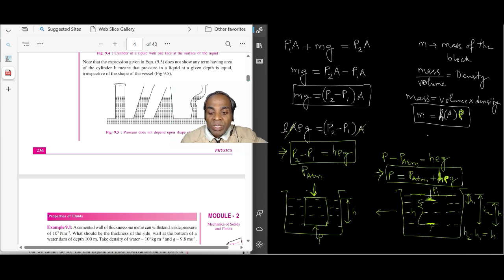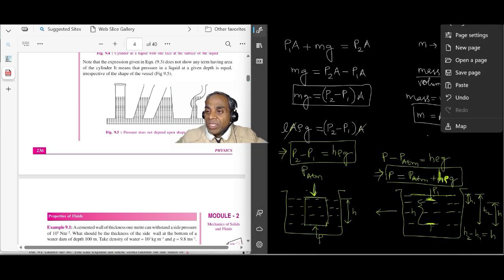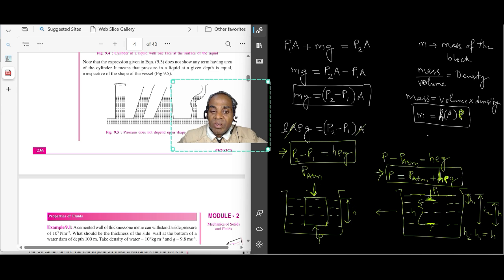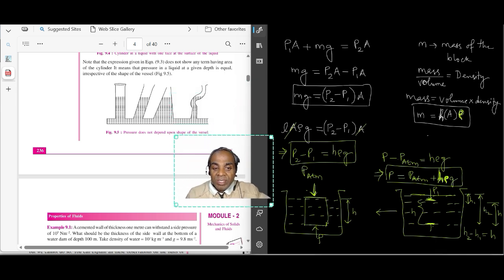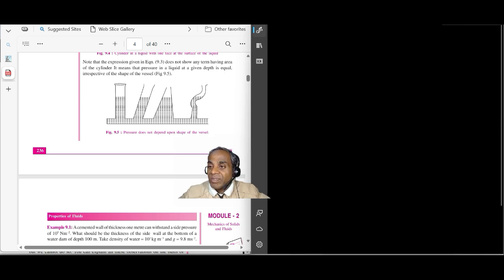Now what is so unique about this is, as you can see in the left hand side different figures, I just move my image here. So now pressure does not depend on the shape of the vessel. It's a very interesting phenomenon, right? So pressure is only depending on the depth.